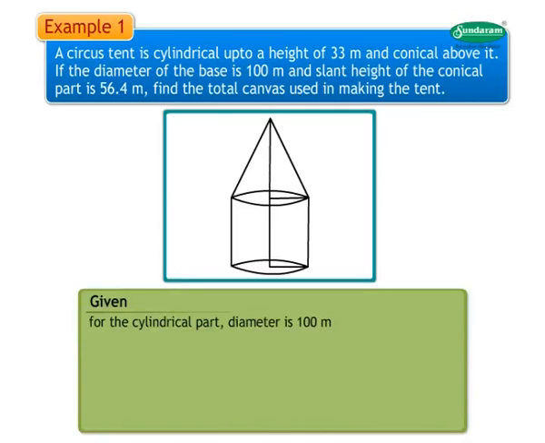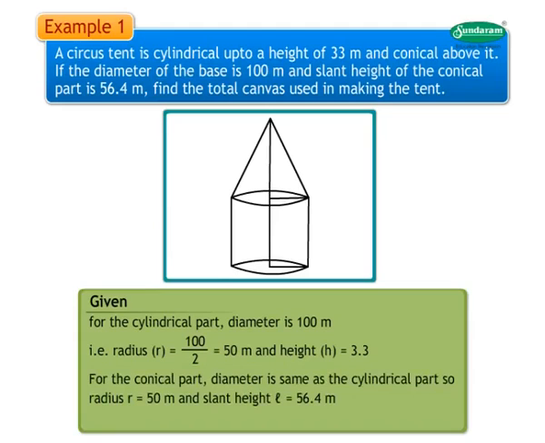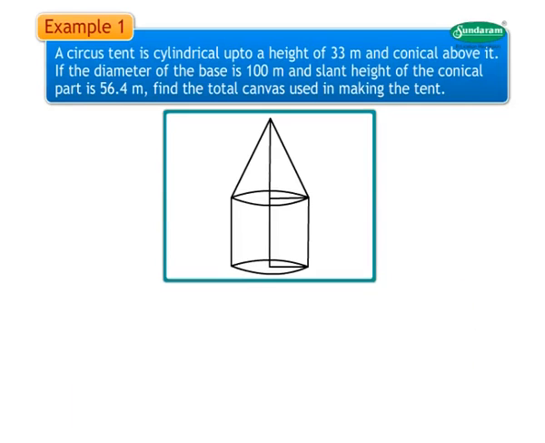Given, for the cylindrical part, diameter is 100 meters, that is, radius is equal to 100 upon 2 is equal to 50 meters and height is equal to 3.3. For the conical part, diameter is the same as the cylindrical part, so radius is equal to 50 meters and slant height is equal to 56.4 meters.